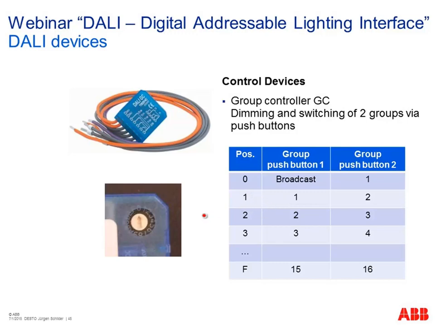So for example, when we set this rotary switch to position 2, and then press the push button on input 1, it sends the command group number 2 on, off or dimming, and when we press the push button connected to input number 2, it sends the command group number 3 on, off. So that's a very easy principle to configure or parameterize such a control device like the group controller.